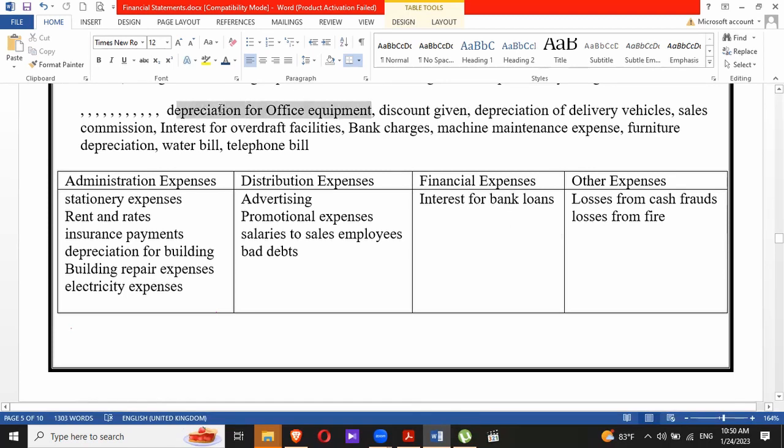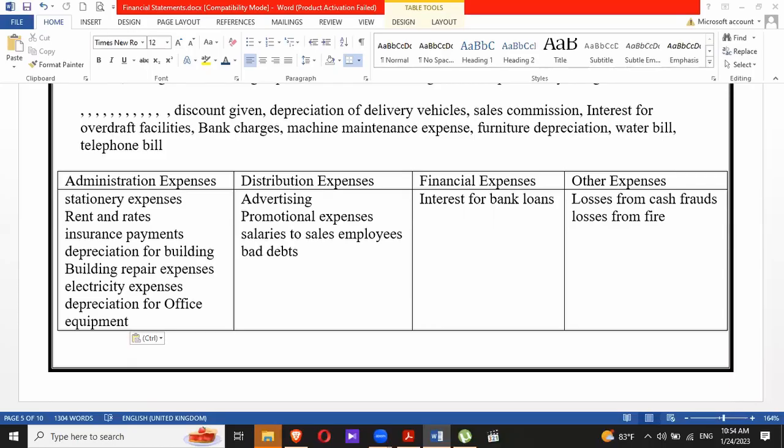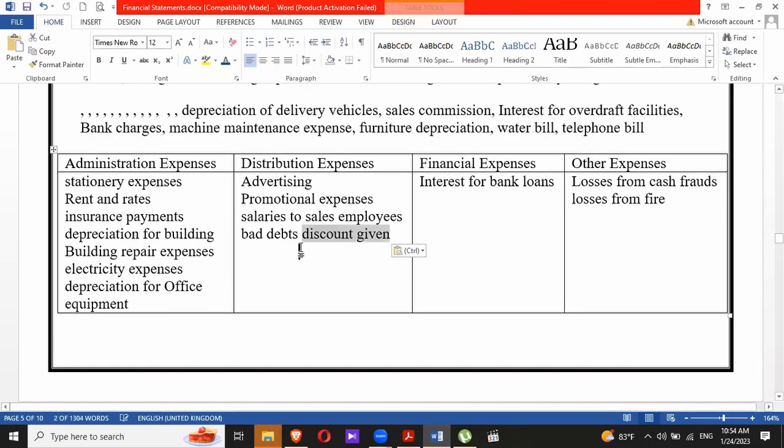Depreciation for office equipment. Office equipment comes under administration purpose. So, next one, discount given. Discount given comes under distribution, a sales and distribution expense. Depreciation of delivery vehicle.